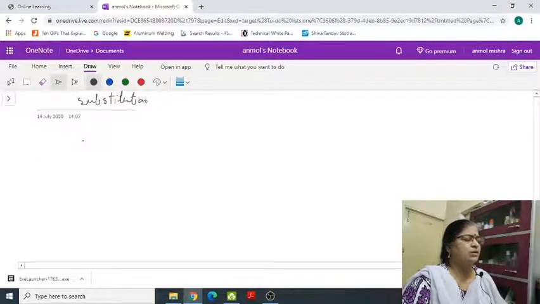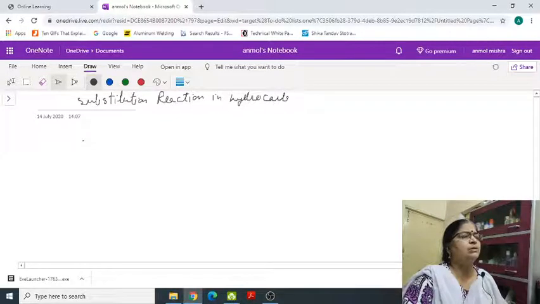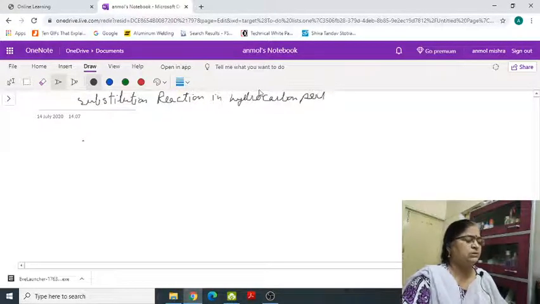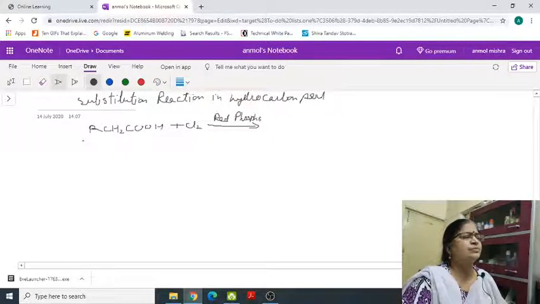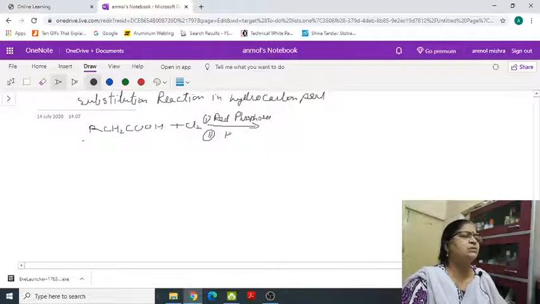Carboxylic acid RCH2COOH, when it reacts with chlorine in the presence of red phosphorus followed by hydrolysis, the alpha hydrogen is replaced by halogen.